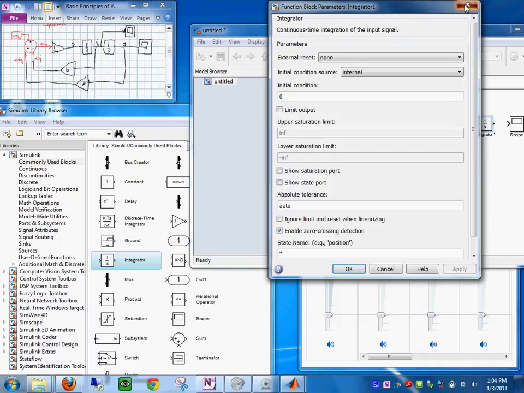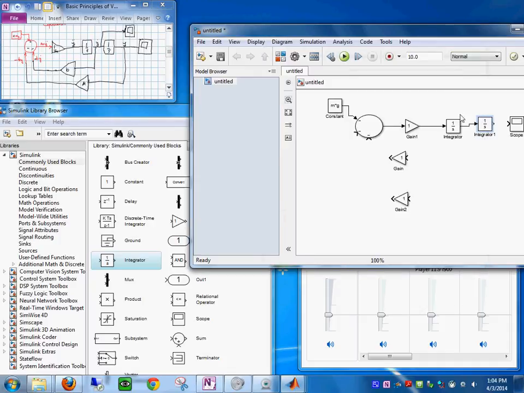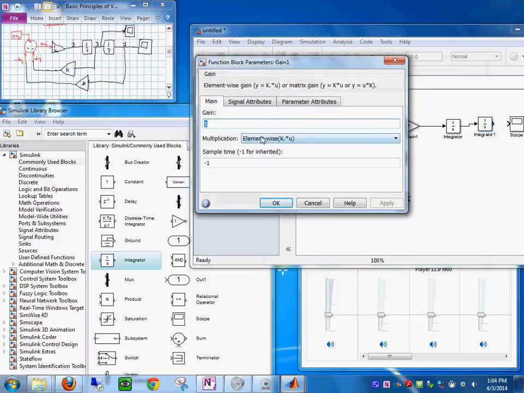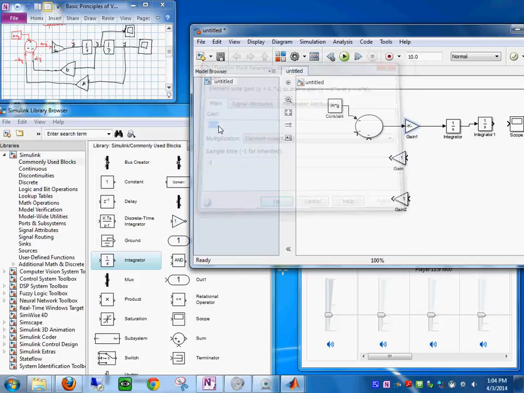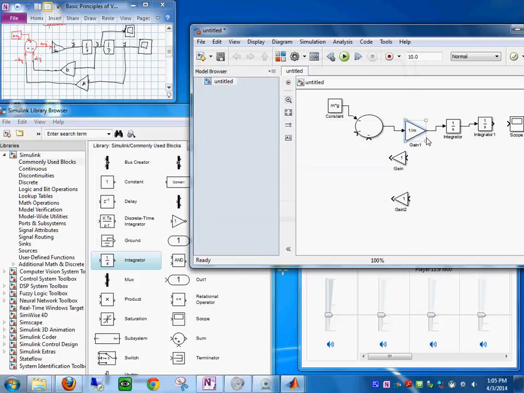Okay. This was 1 over m, right? Yeah. This will become connected to this one.